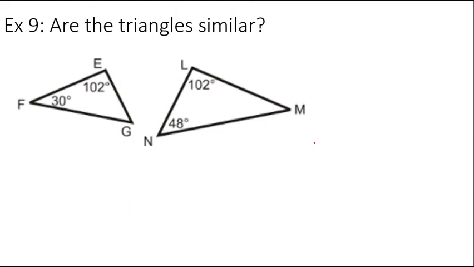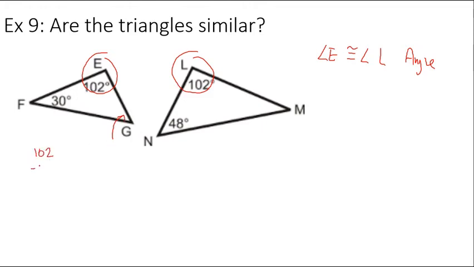Example 9. So we're saying the two triangles are similar. So far they only give us one angle in common. So here we say angle E congruent to angle L. So that's our first angle. Now the way we figure out the other angle is to solve for it. So there we just say 102 minus 30.